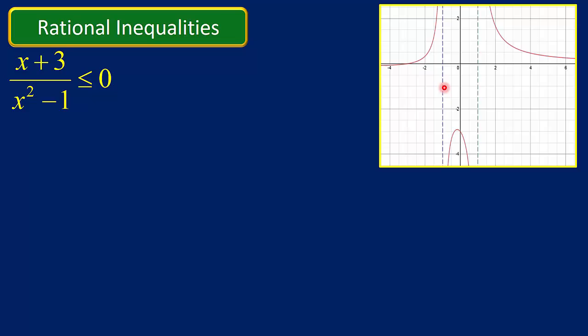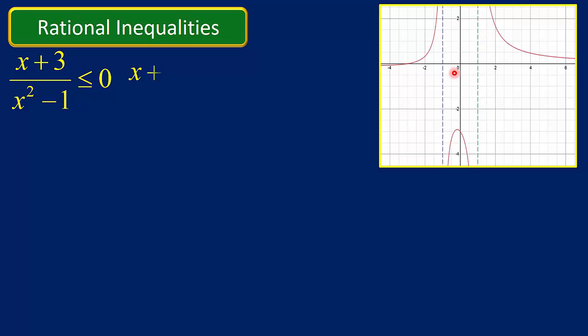Also notice changes occur at the vertical asymptotes. So notice the graph is above the axis here. You come up, you step across this vertical asymptote, and that's where you go down, and now you're below the axis. Likewise, you're below the axis, you come to the vertical asymptote, step across, and now you're above the axis. So things happen at the x-intercepts and at the asymptotes.